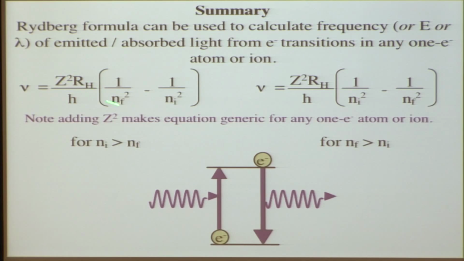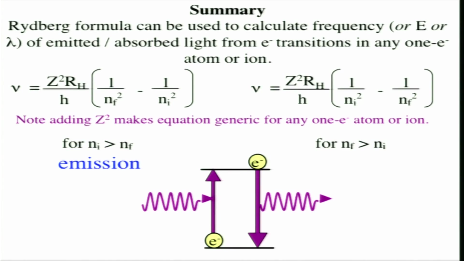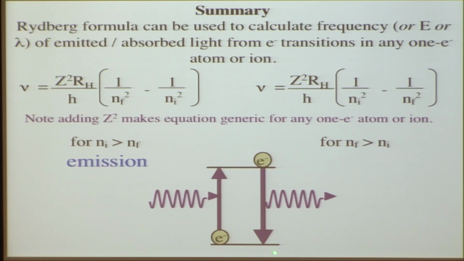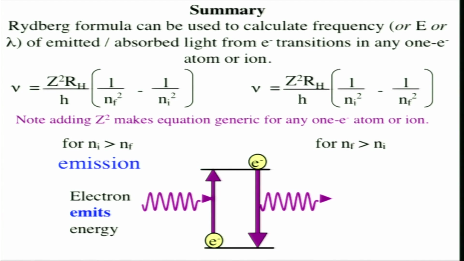So frequency equals Z squared, Rydberg constant over Planck's constant, times 1 over the final minus initial, or initial minus final, depending on which process you're talking about. Over here, we'd be talking about emission. Our initial energy is higher, going to lower, and when that happens, you're releasing light with the energy difference between these states. The electron emits this energy.